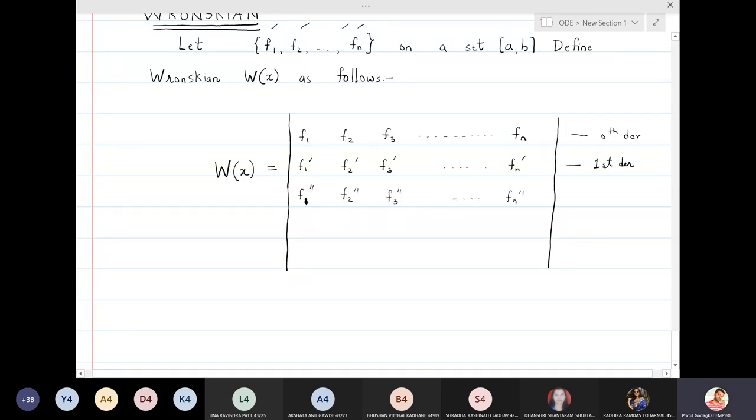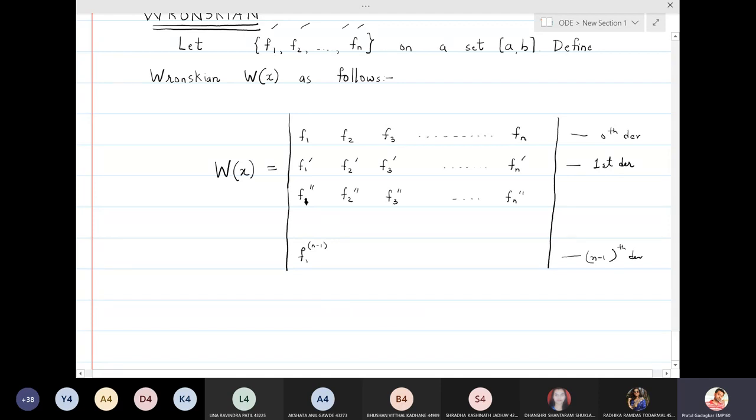And therefore in the nth row, the last row, what order derivative will you get? You will get the (n-1)th derivative. So f1 superscript (n-1). Derivative is always written in a round bracket. After the third derivative, the fourth derivative you write like this, you don't start putting four dashes.